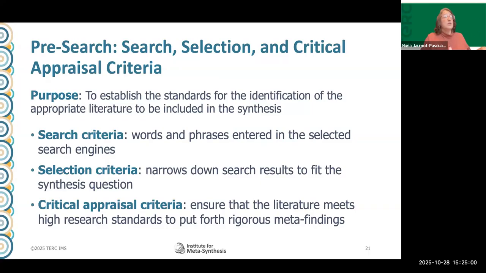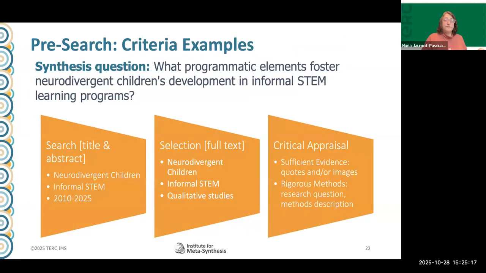These criteria are usually dependent on the standards and practices in your specific discipline. So in some disciplines, some things are a given, that's what you do, and sometimes some of these things are not necessarily part of the standards. Let's look at an example.